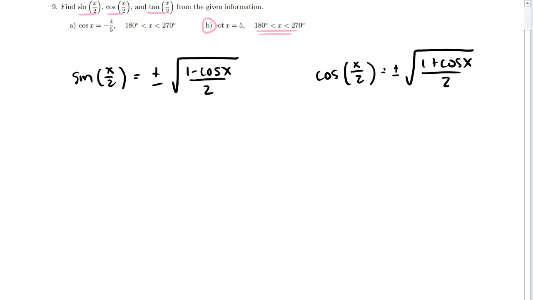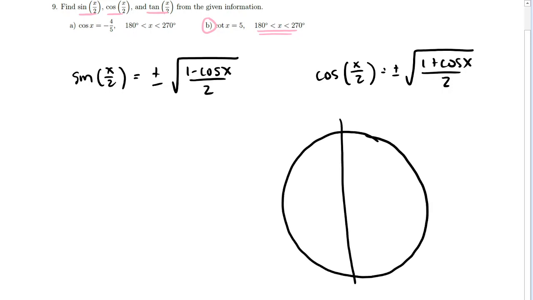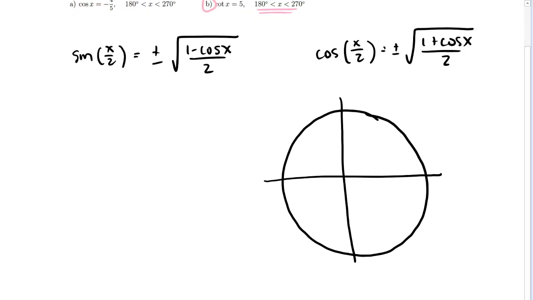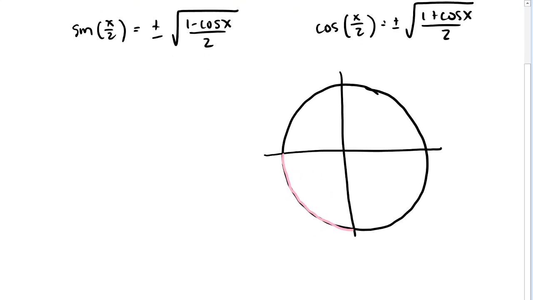So here, cotangent of x is equal to 5. Maybe we can use the help of a triangle here. If I draw out my unit circle, x is an angle between 180 and 270, so it's going to be in quadrant 3. And here there's some angle x.